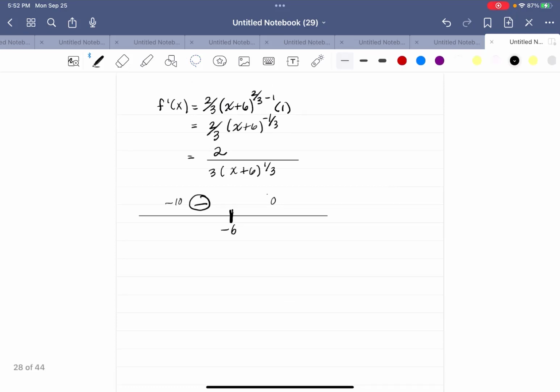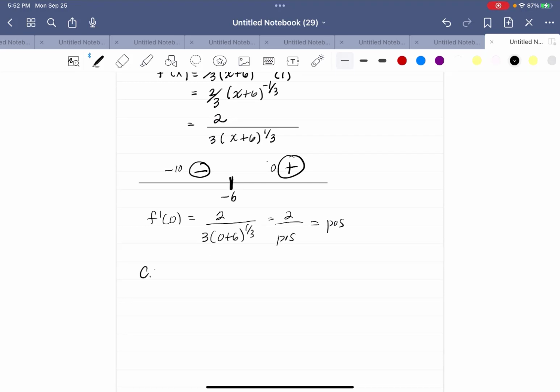Now if we do f prime of 0, we'll get a 2 over a 3 times (0 plus 6) to the 1/3, the cube root. That's going to be 2 over a positive number, and you can find that value, but you don't have to. All we need to know is that this is positive, so this interval is positive.